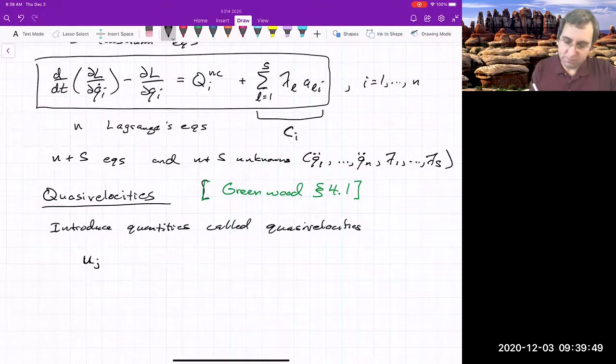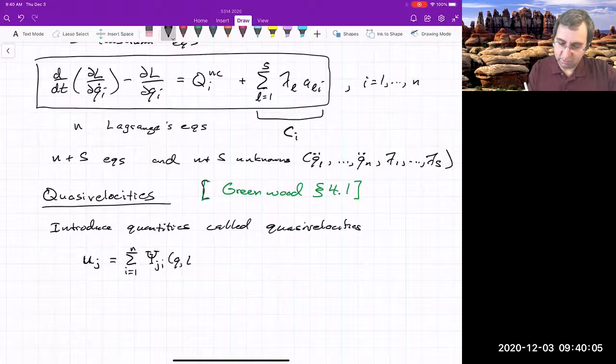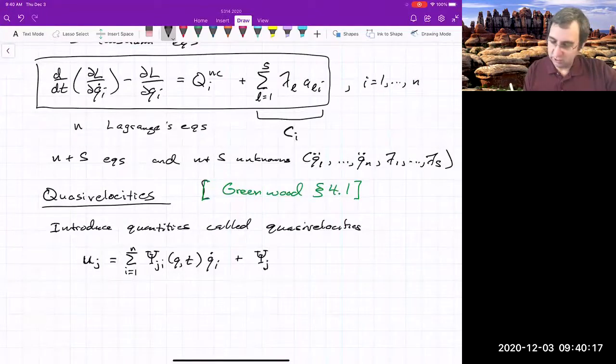So u_j is a sum over i from 1 to n of some function, a capital psi_ji, which is a function possibly of the q's and time, times the q_i dots, and then possibly some other term that's not linear in the q_i dots. The index j goes from 1 to n.